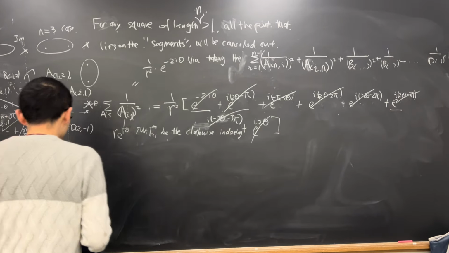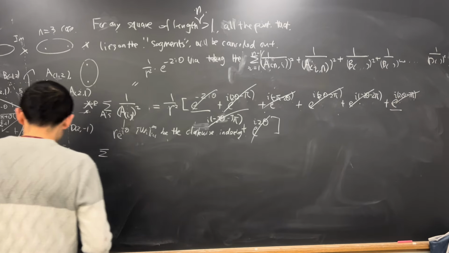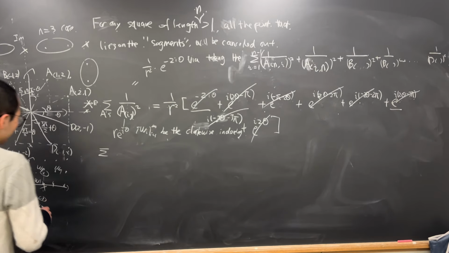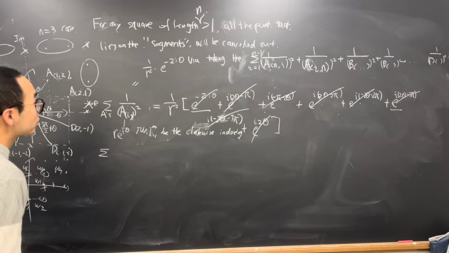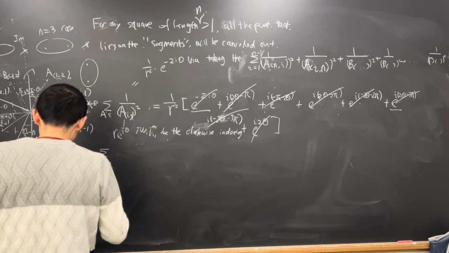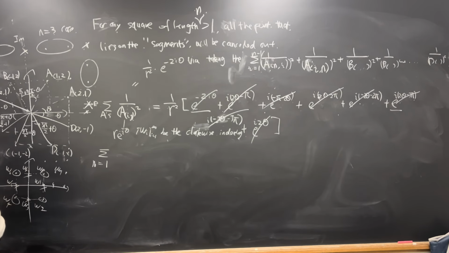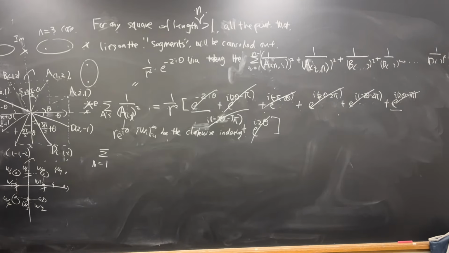Remember that we are summing over, let's just let n be the loop length, right? And then for each loop there are only 8 points that matter, right?